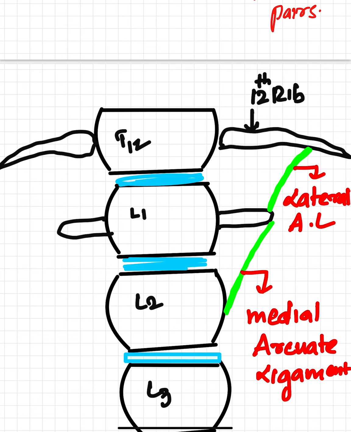It extends from the side of the L2 vertebra to the tip of the transverse process of the L1 vertebra. The lateral arcuate ligament is the thickened upper margin of the fascia covering the quadratus lumborum. It extends from the tip of the transverse process of the L1 vertebra to the 12th rib. These are the crura and the arcuate ligaments.